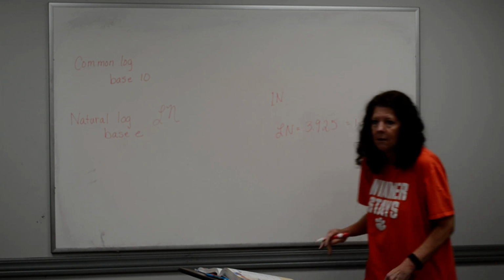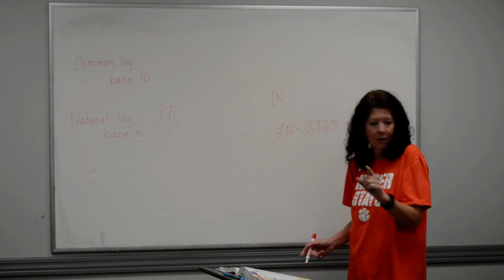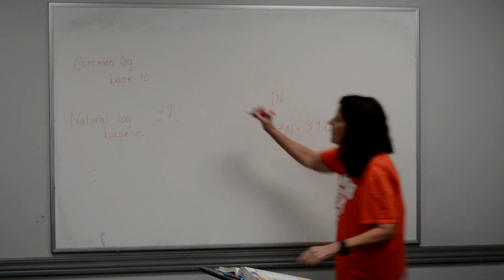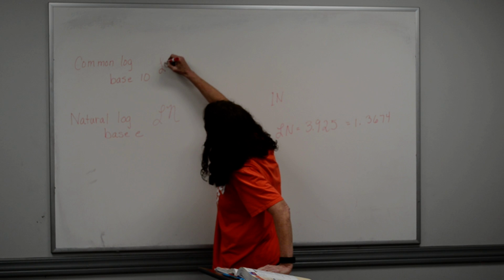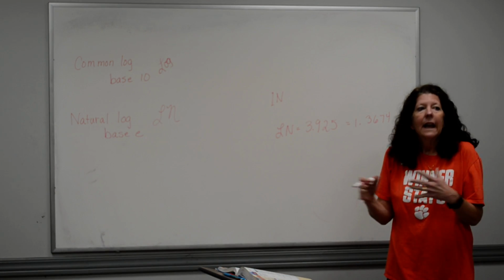Does that make sense? So you have to pay attention to whether they say the common log, which is the LOG button, or the natural log, which is the LN button.